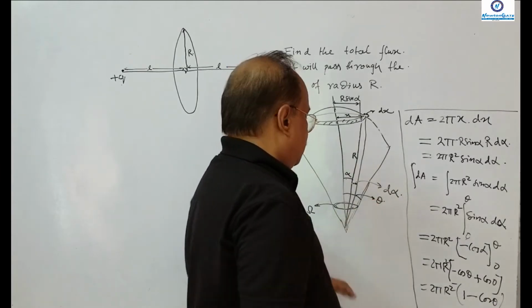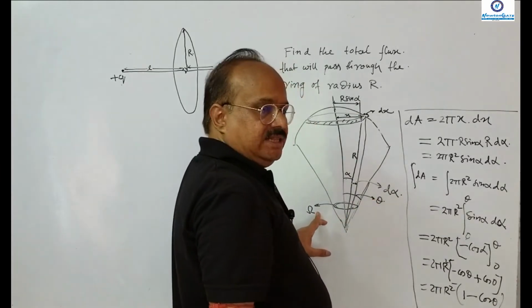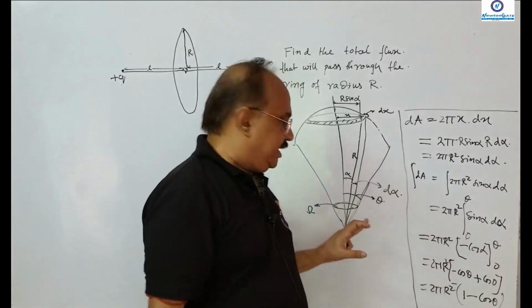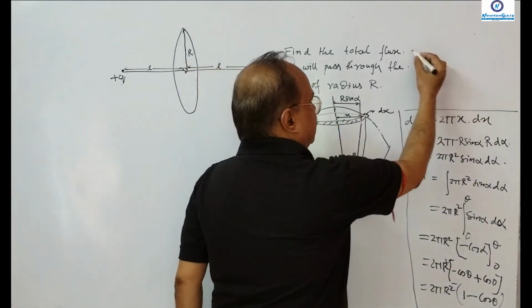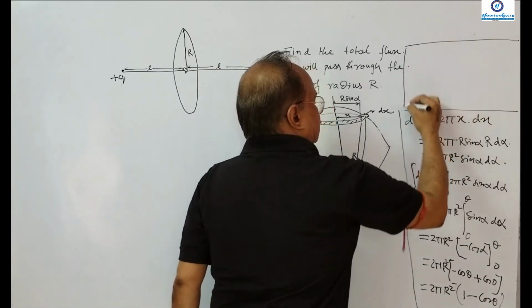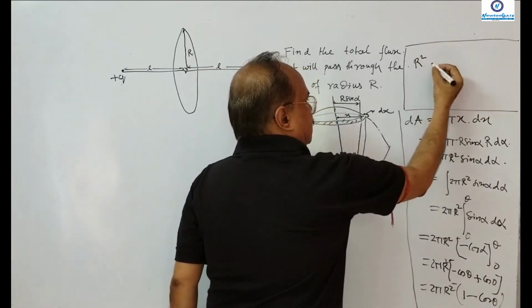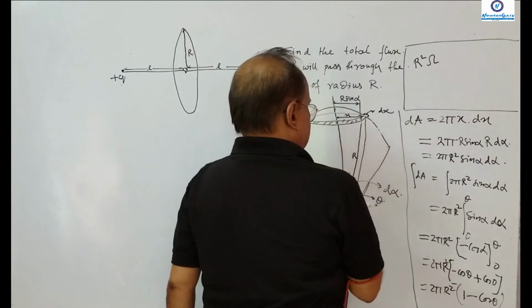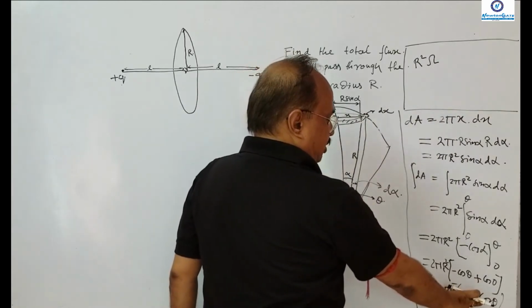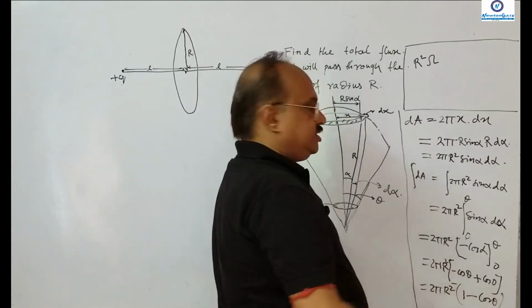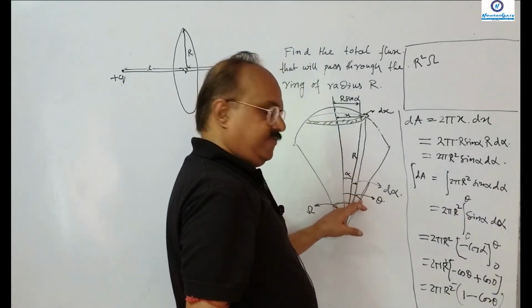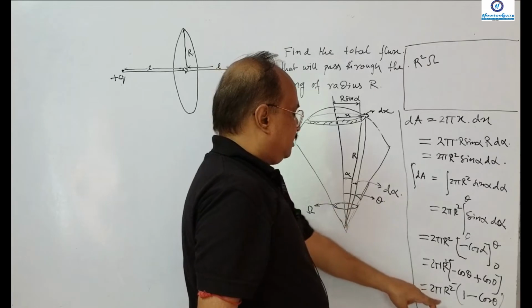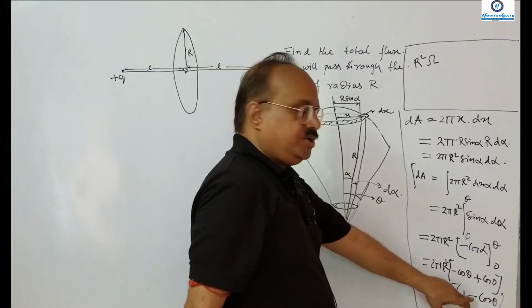Now if I do it with respect to the solid angle, I know that the area is r square into omega. In the other way, taking theta as the half angle of this conical apex angle, I have got the area as 2 pi r square into 1 minus cos theta.